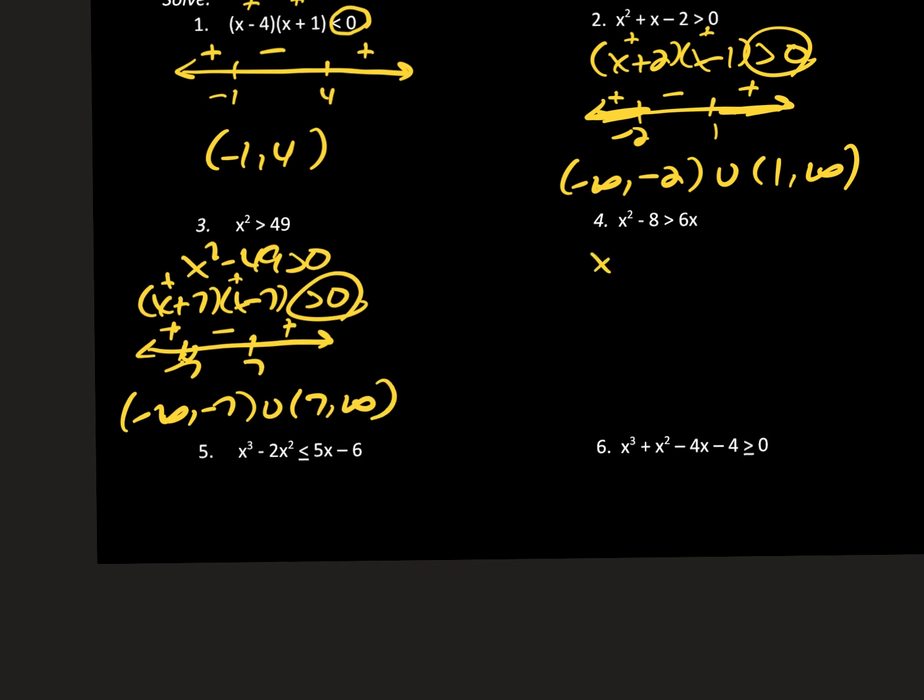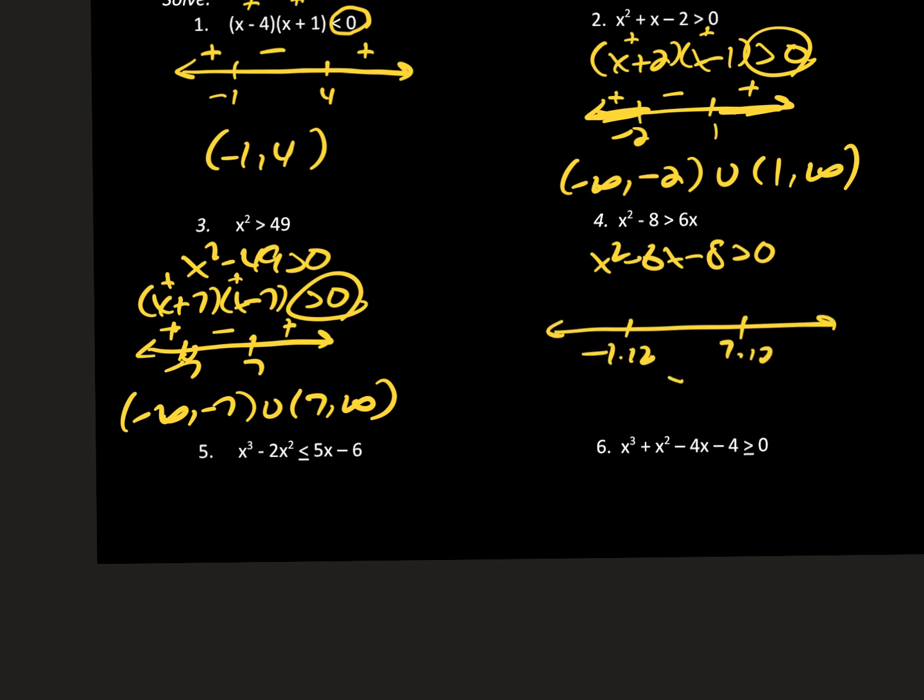Number 4, factor again. This is a lot of factoring. Man, I hope you're good at factoring. So it's going to be x minus, that one does not factor at all. So what I'm going to do on this one is take my calculator, punch it in, and see what the graph looks like. I thought it was going to factor when I moved that 6x over, but it doesn't, so let me punch it in. All right, so when I graphed it, it does cross the x-axis.